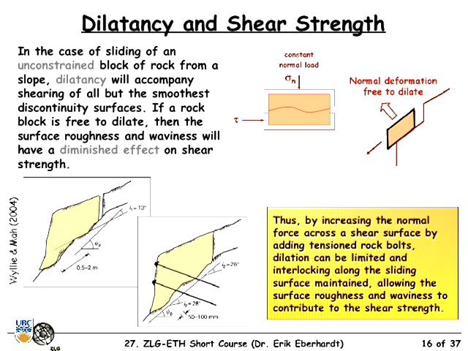So if a rock block is free to dilate, then the surface roughness and the waviness will have a diminished effect on the shear strength. And again, as I mentioned, this is what we're trying to achieve when we're talking about rock anchoring. We're not relying on the strength of the steel itself to hold that block in. We're not saying we're adding these anchors here and it's the strength of the steel that is providing the resistance.